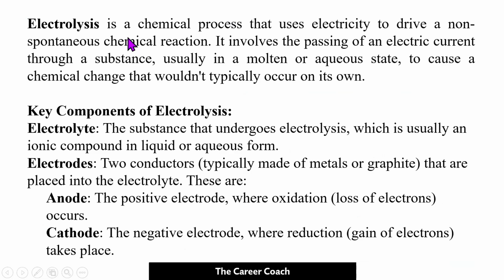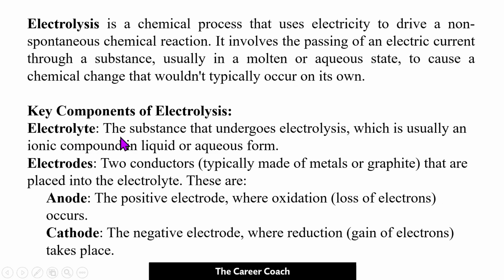Electrolysis is a chemical process that uses electricity to drive a non-spontaneous chemical reaction. It involves the passing of an electric current through a substance, usually in a molten or aqueous state, to cause a chemical change that wouldn't typically occur on its own. Key components of electrolysis are as follows. 1.